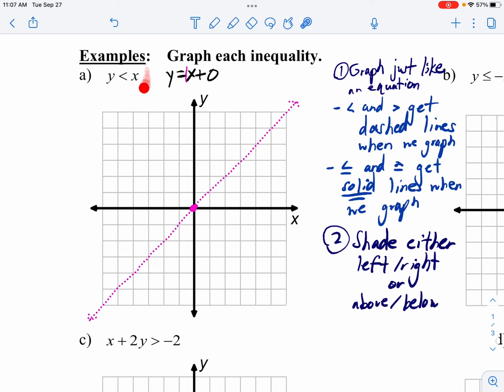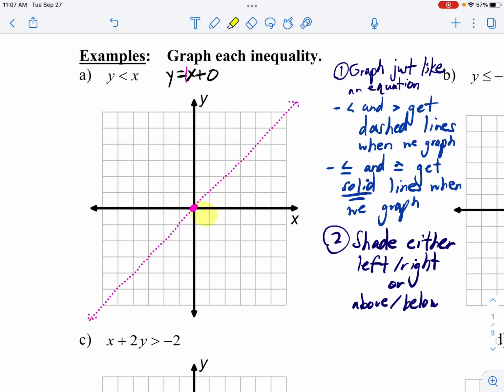So we have y is less than x. Because our little alligator mouth is eating our x, we want our x to be greater, so we're going to shade more to the right, because x is greater as we go to the right.